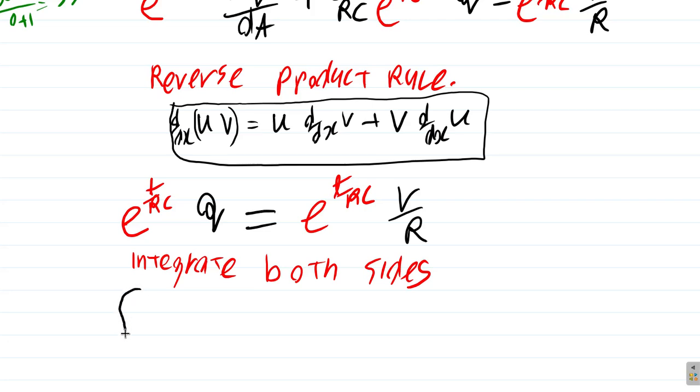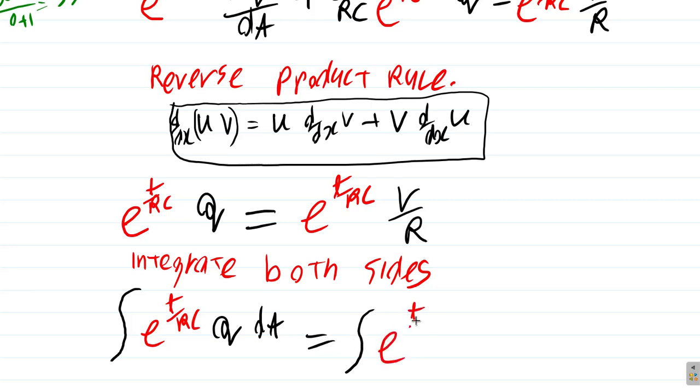Now you find the integral of e to the t over rc by q, integrating with respect to t, is equal to the integral of e to the t over rc and v over r dt with respect to t, right?